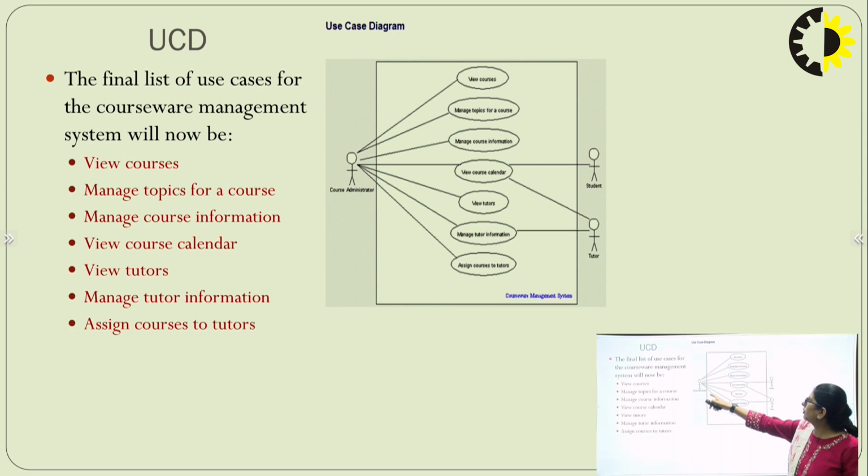But a course administrator can view the course, he can manage the topic, he can manage the course information, he can view the tutor as well, he can manage the tutor information, he can assign the course to the tutor also. So we are mentioning here that these three are the actors and these are outside the system boundaries. Inside the boundaries, we have the managed use cases.